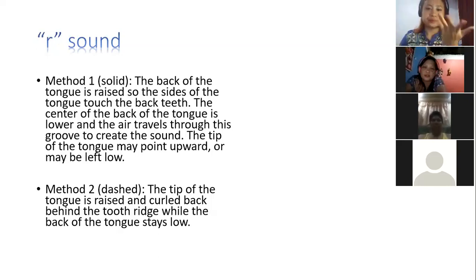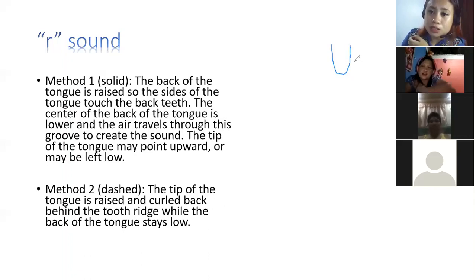So for example, if this is your tongue, and these are your teeth. These are the back of your teeth. So these sides of your tongue should touch your teeth, the upper teeth.